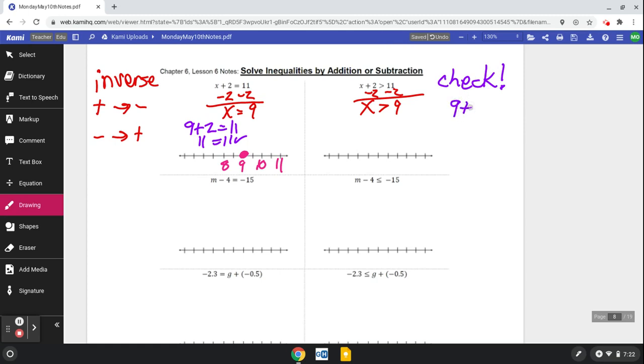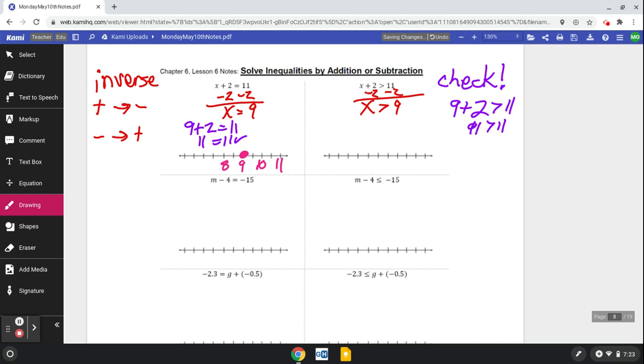Is 9 plus 2 greater than 11? Well, no, it's not. So we would have to go with anything. So when we graph this, we get 11 greater than 11.